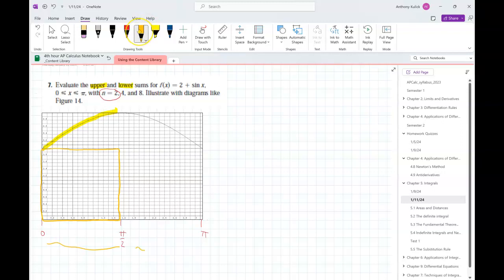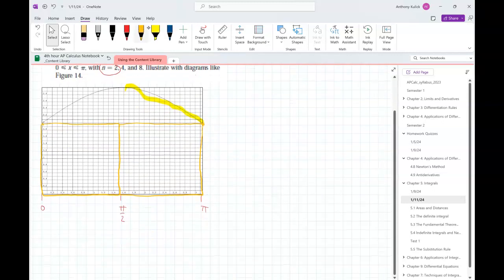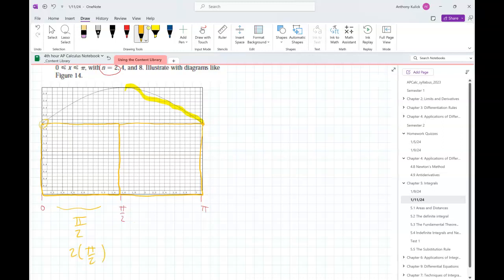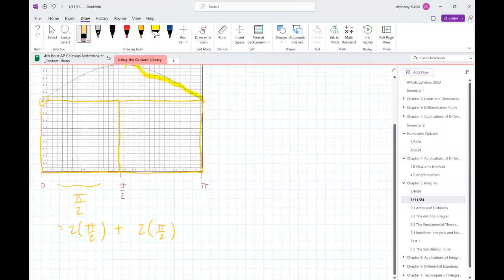Now I'm going to look at this subinterval. I'm going to find the lowest value on the curve from there to there. So that's this value, and I'll draw my second rectangle. So what I have is this distance, which is pi over 2, times this height, which is 2. And then the same thing for the other spot, right? I'll call that L2 for lower 2.